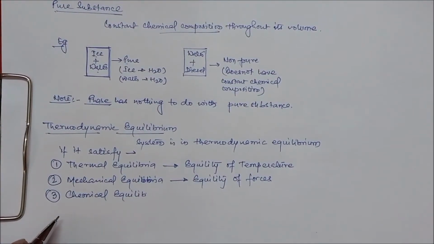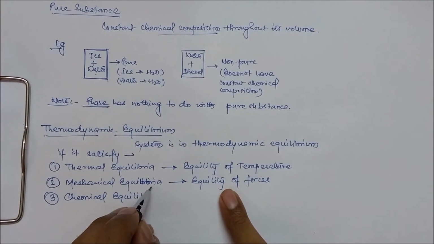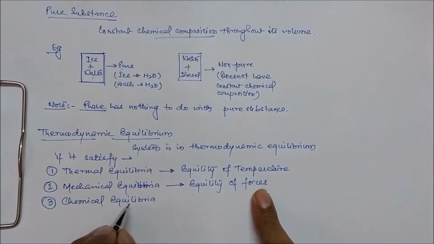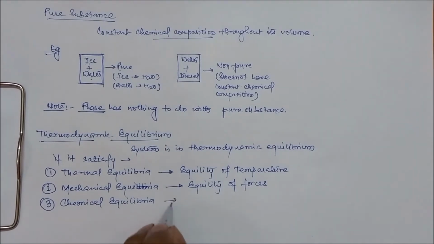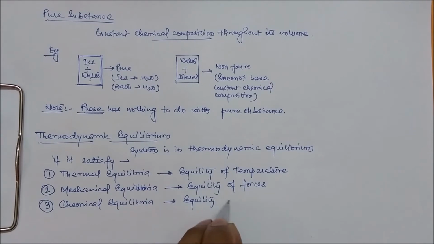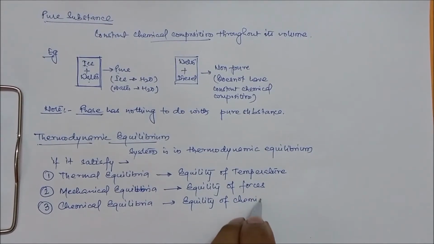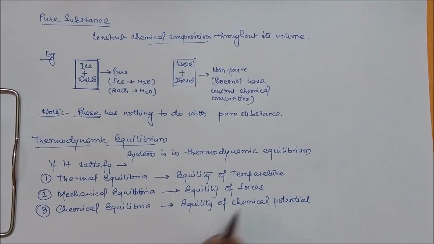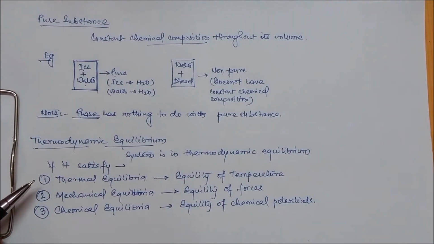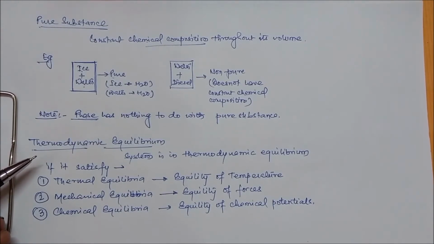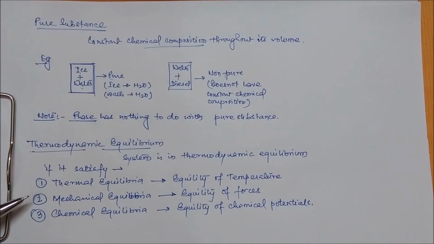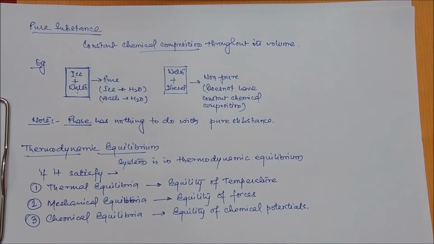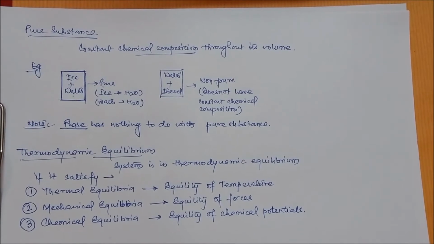Now we have mechanical equilibria, equality of forces. Now the third is chemical equilibria, that is equality of chemical potential. Thermodynamic equilibrium will be achieved only when these three equilibria, thermal, mechanical and chemical, are satisfied.